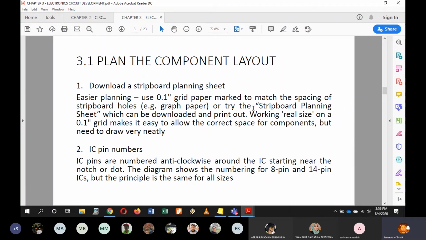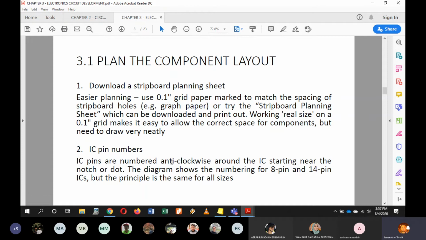You can find the stripboard planning sheet online or on Google. Many people share them. You just download them. And then working real size on the 0.1 inch grid makes it easy to follow the correct space for components but you need to draw very neatly. Okay, so initially download the stripboard planning sheet, or you can use graph paper, or you can download them from Google.